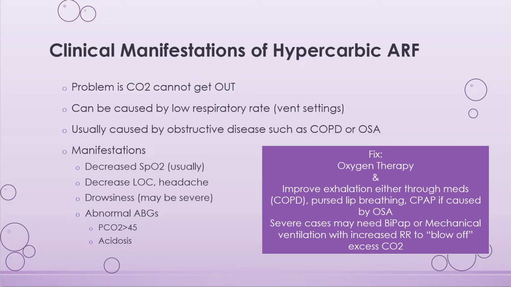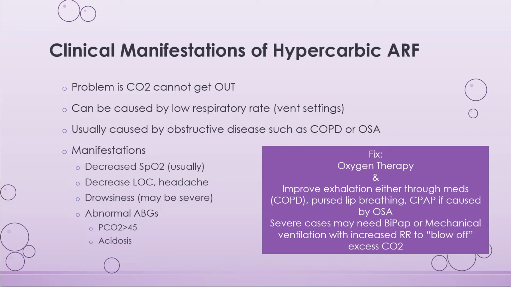Remember, the lungs control CO2. So if we have a high CO2 level and we have an acidosis, then that's a respiratory acidosis. The fix, because we have respiratory failure, we're going to be giving them oxygen as well. Though if it's not severe, we're going to be really careful with this if they're a CO2 retainer, our COPDers especially.